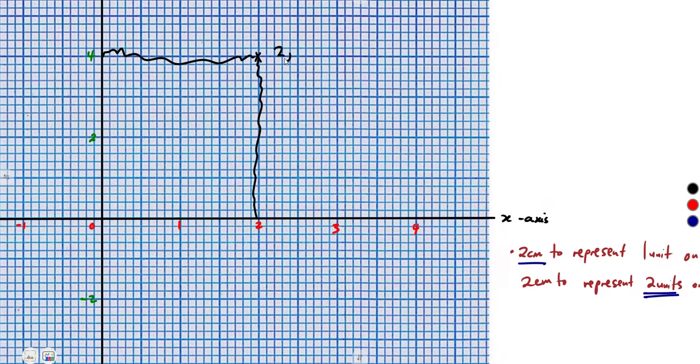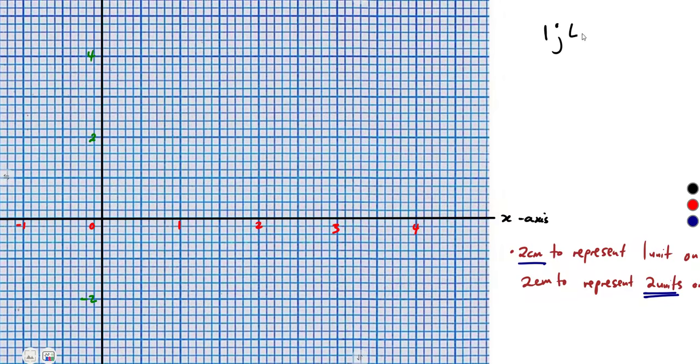The x value is 2. The y value is 4. That's the point indicated here. What is the corresponding x? What is the corresponding y value?